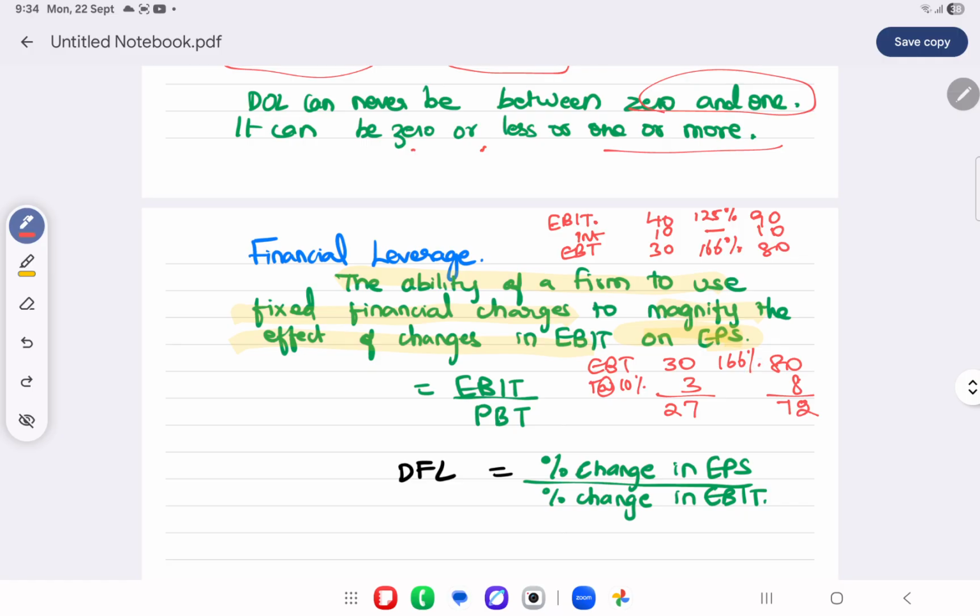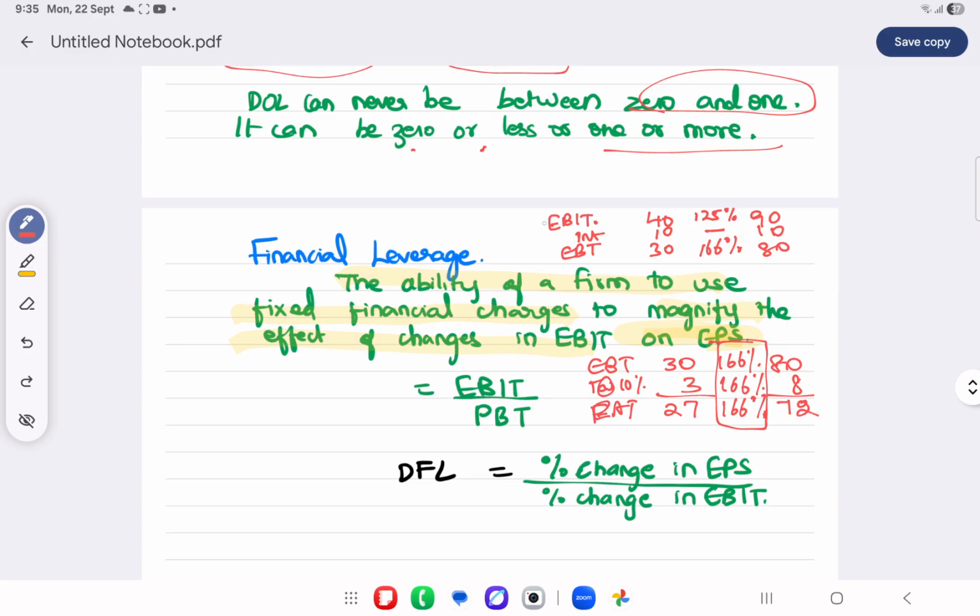Change in tax is also 166%. What is the change in profit after tax? 72 minus 27 divided by 27 into 100, 166 percentage. So our percentage change in EBT, tax and PAT remains the same.